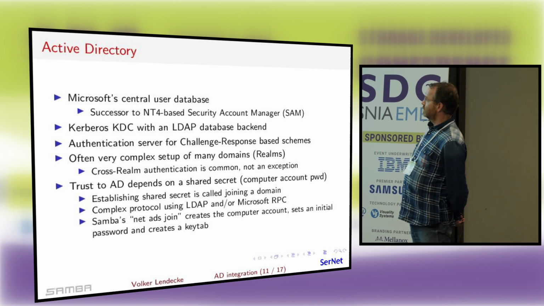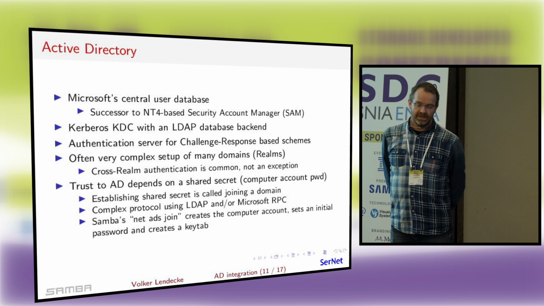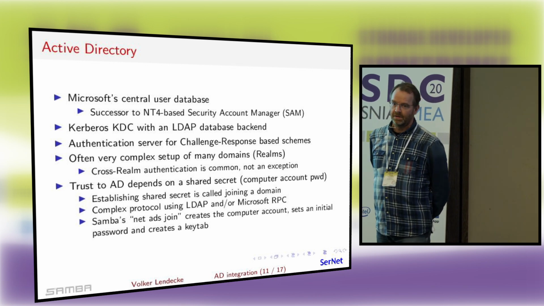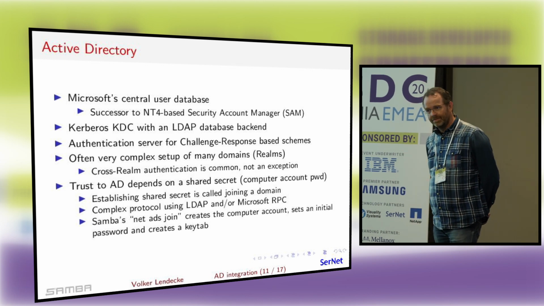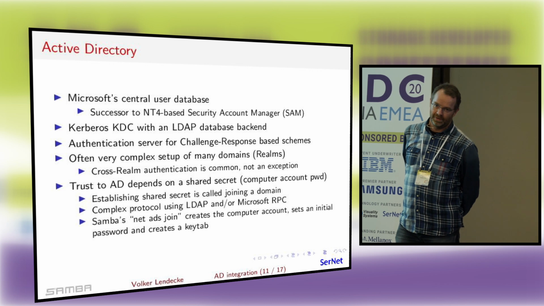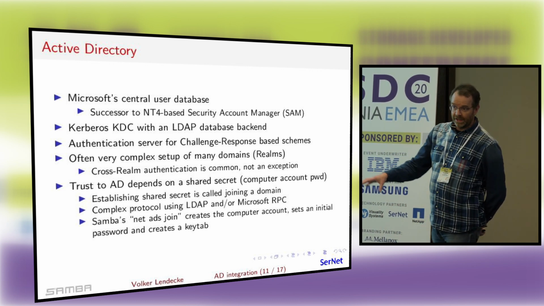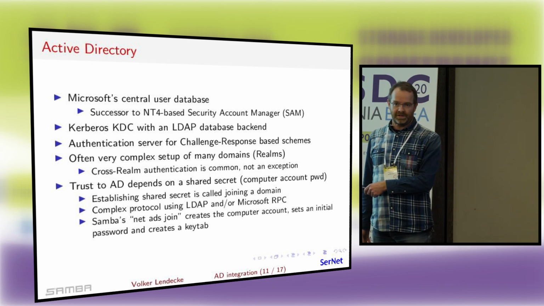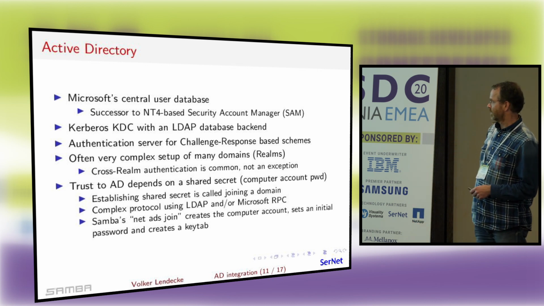One thing to keep in mind is that, contrary to normal Unix deployments of Kerberos, cross-realm trusts are really popular and common. In the normal university setting, typically you only have one or two realms. Windows domains are a lot more complex. And to be honest, probably you don't want to deal with this.